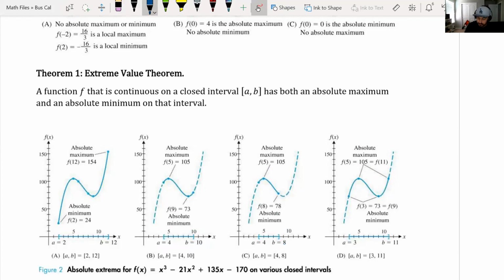And then the very last one, we change the interval to 3 and 11, and now I have two absolute maximums, both at 105. Yes, we can have multiple absolute maximums and multiple absolute minimums. Down here, I have the two absolute minimums, both at 73.